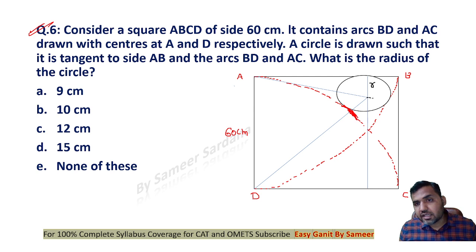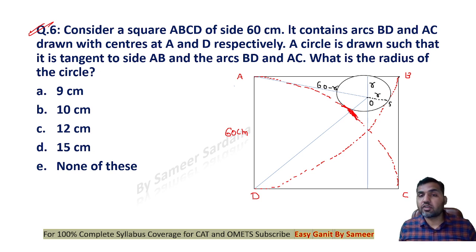Now if I extend this, you can see that the length from A to S will be the same as the length of the side of the square. The length of AS is the same as AB because both are the radius of the arc BD. So now AS will be equal to 60. Now this is R, so can I say that the length of AO will be 60 minus R?